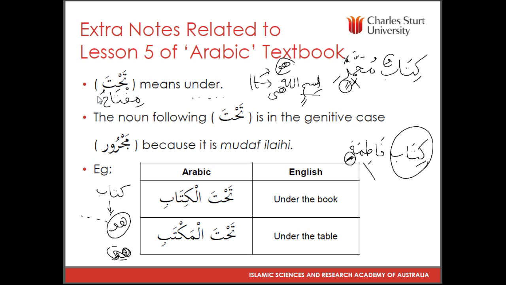Mudaf and mudaf ilayh. Yes, number 6. Zawjatu Hamidin. That's right. Zawjatu Hamidin. Zawjatu means wife of Hamid. 7.